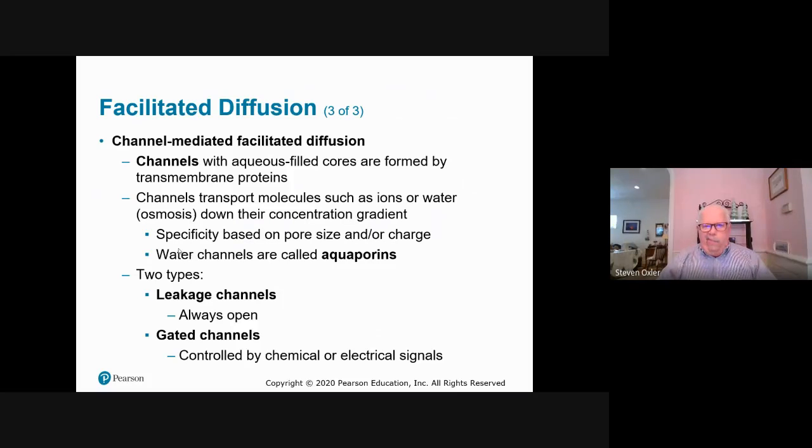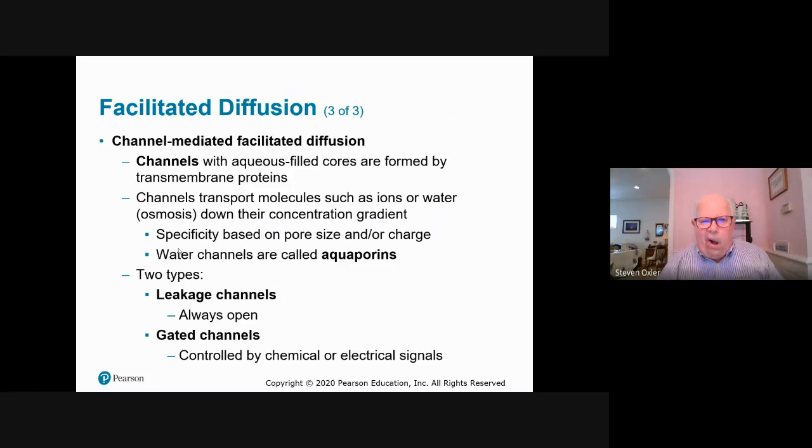They can come through channels. So if they can't come through a carrier, they come through channels. And there are two types of channels that they can come through. Leakage channels, which are always open, and gated channels, which are controlled by chemical or electrical signals.